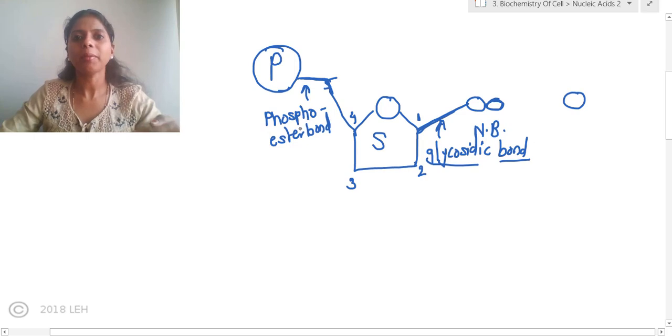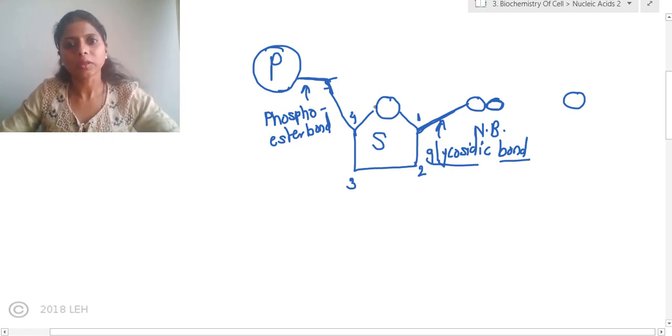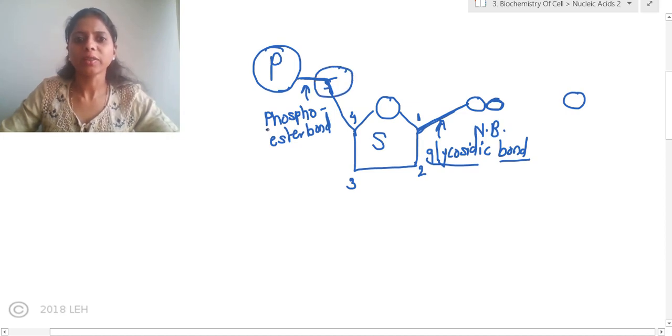After some time, I am even going to teach you phosphodiester bond, but here it is not di, it is only phosphoester bond. Remember, the bond which joins the phosphate group of a nucleotide to the pentose sugar at carbon number 5 is the phosphoester bond.